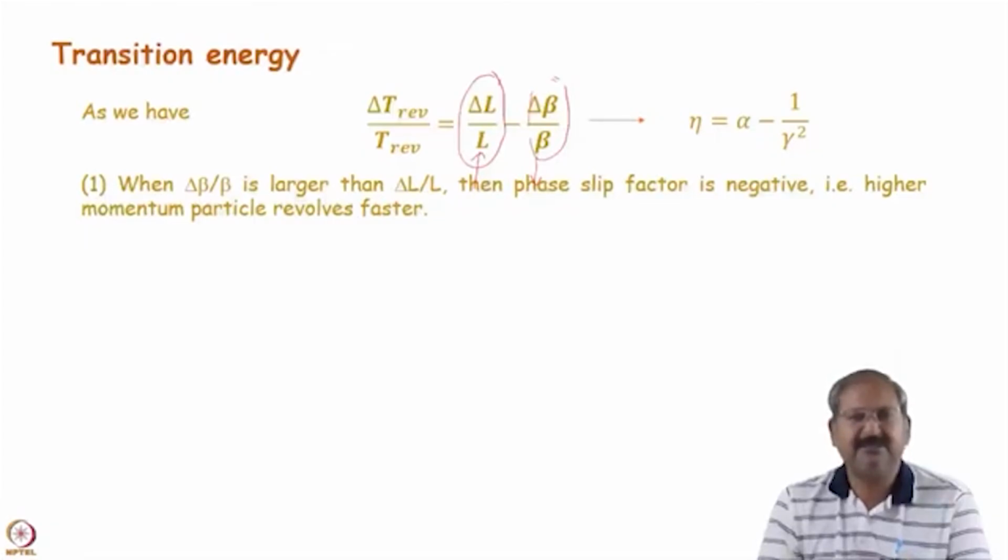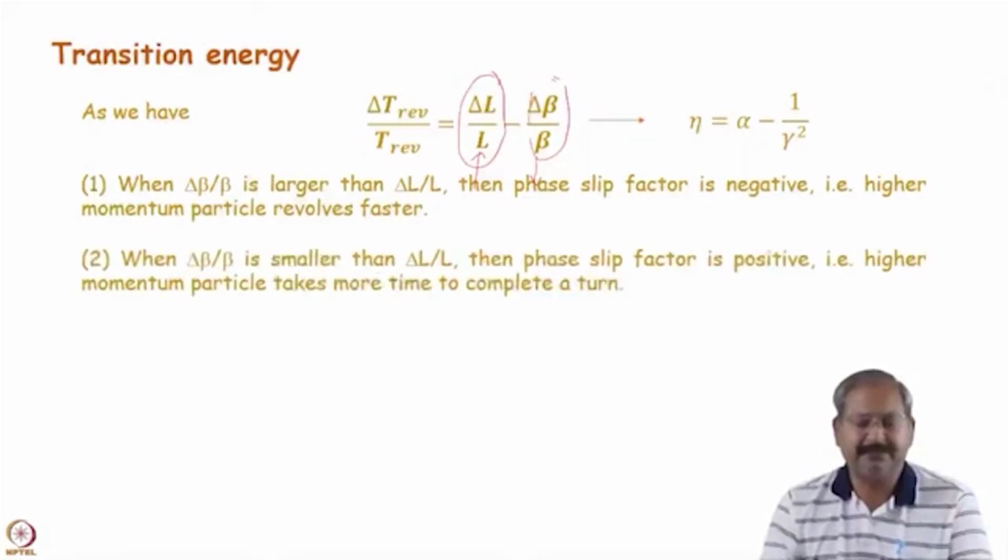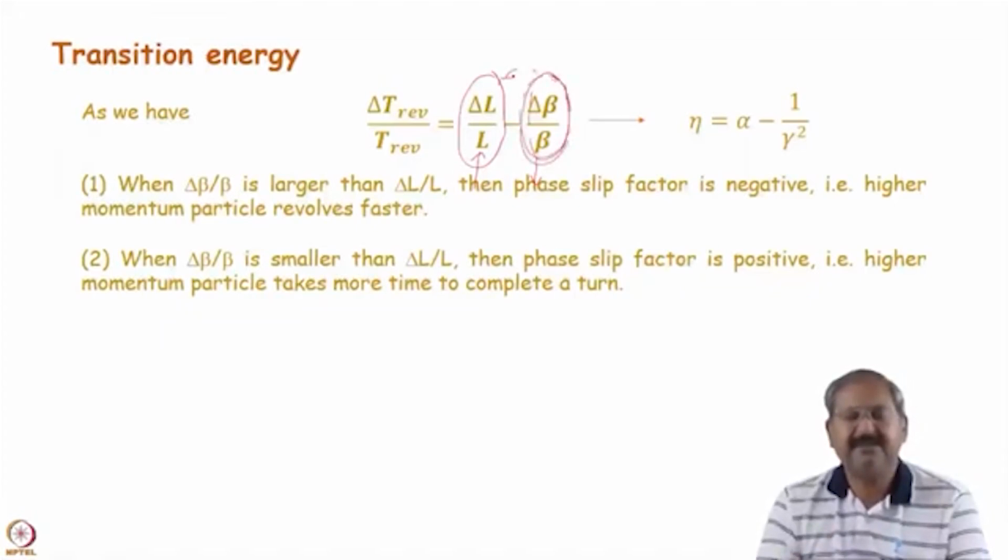It is the case of highly relativistic particles. So in high energy machines, generally the frequency slip factor is positive. If delta beta by beta is much more than delta L by L, then the frequency slip factor becomes negative. That is in the low energy region. So low energy machines can have negative frequency slip factor.